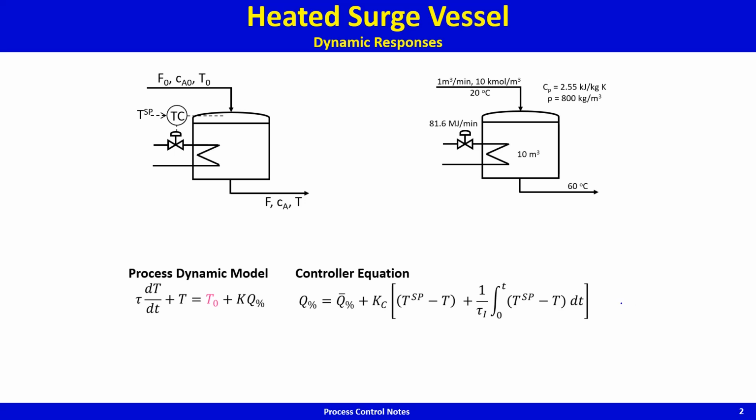This is the PI controller equation, and for the base case conditions shown here, the time constant tau is 10 minutes and the gain of temperature with respect to Q, or Q in percentage form, where the percentage has been taken with respect to the base case duty of 81.6 megajoules per minute, is 0.4.